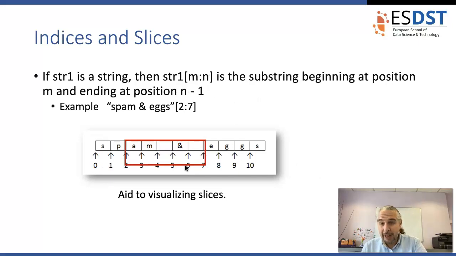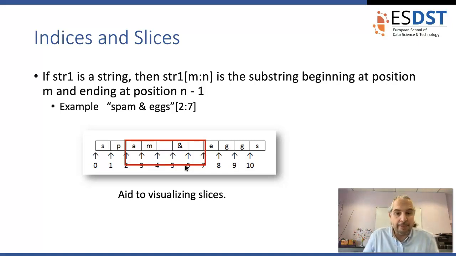So, I can slice a string. I can take a portion of the string using indices. So if string 1 is a string, then string 1 square brackets m colon n is a substring beginning at the position m and ending at the position n minus 1, because the last one is never taken. Keep that in mind, because we're going to see that later on when we talk about ranges, iteration and other stuff.